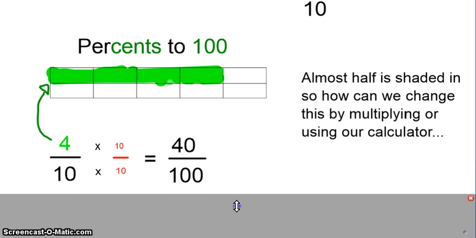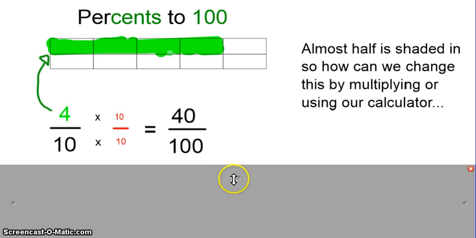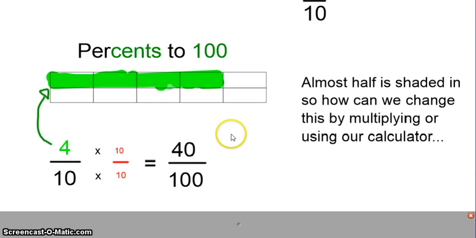One way I looked at it was, if I didn't have my calculator, I would try to get this into a percent out of 100. So I want the denominator to be 100, and we multiplied that by 10. So we also have to multiply the top by 10, so that equals 40. So we have 40 parts out of 100, so that's like 40 cents in a dollar, if you think about it like that. So 40 over 100 also equals 40%.